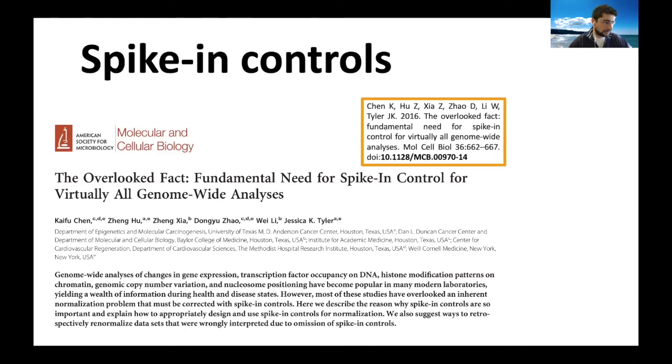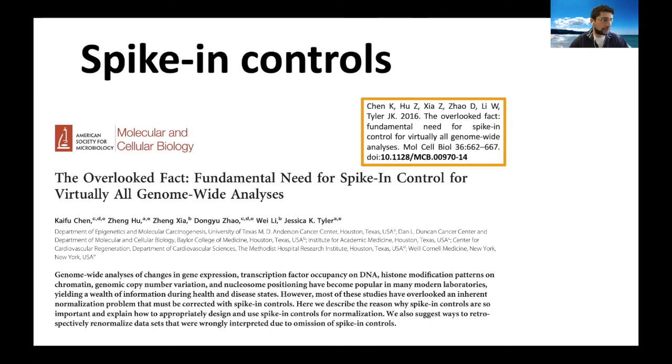So let's say you have 20,000 transcripts in this cell, even if this cell is treated with a kinase inhibitor or something like that, the assumption is you still have 20,000 transcripts in that cell, in terms of molecules that are expressed, okay? However, it's not always true. And so you should add spike-ins during the extraction of the RNA to basically check whether this assumption that you're making is correct or not.